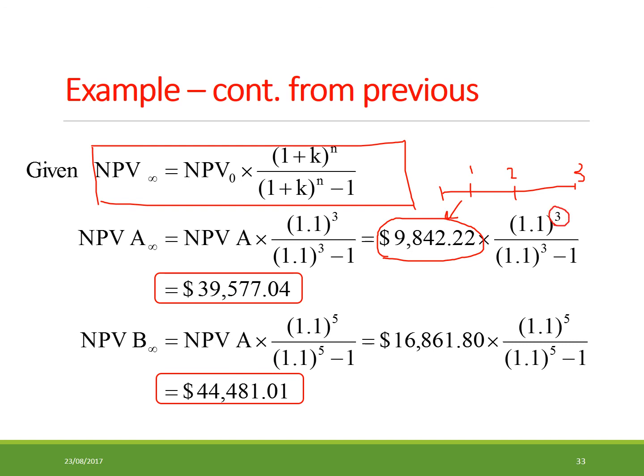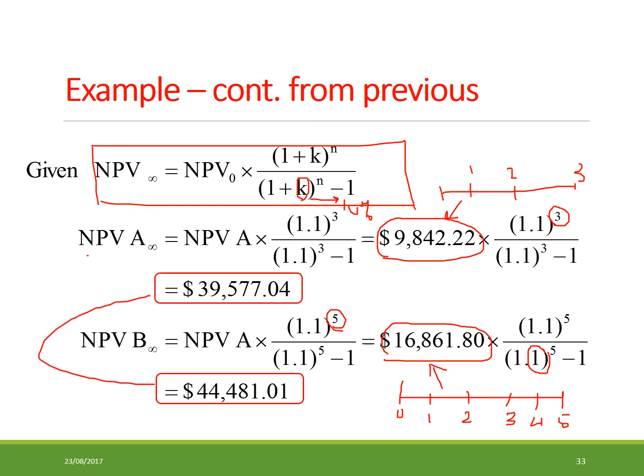N is 3 cash flows. Discount rate was 10%, right? Project B, 5 cash flows, same discount rate, so 10%. This is what we calculated before. So 0, 1, 2, 3, 4, and 5, yeah? Okay.